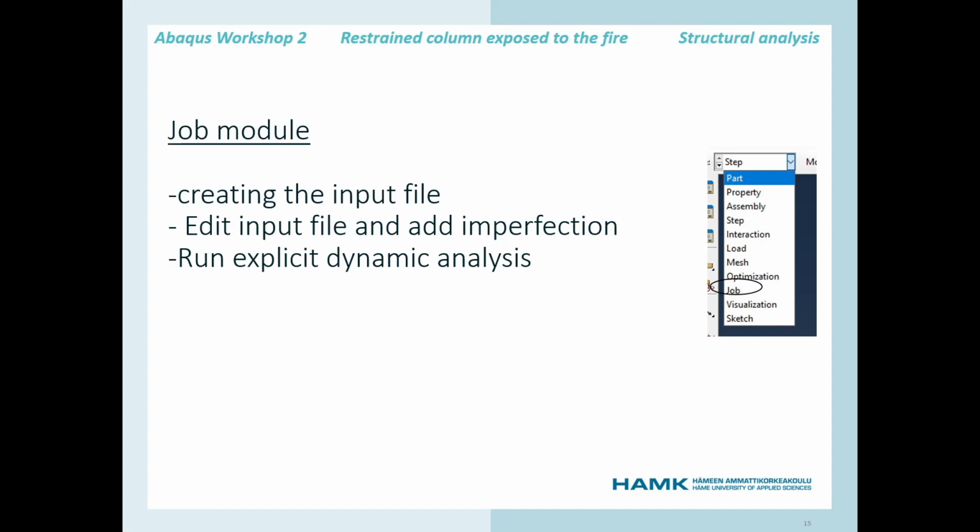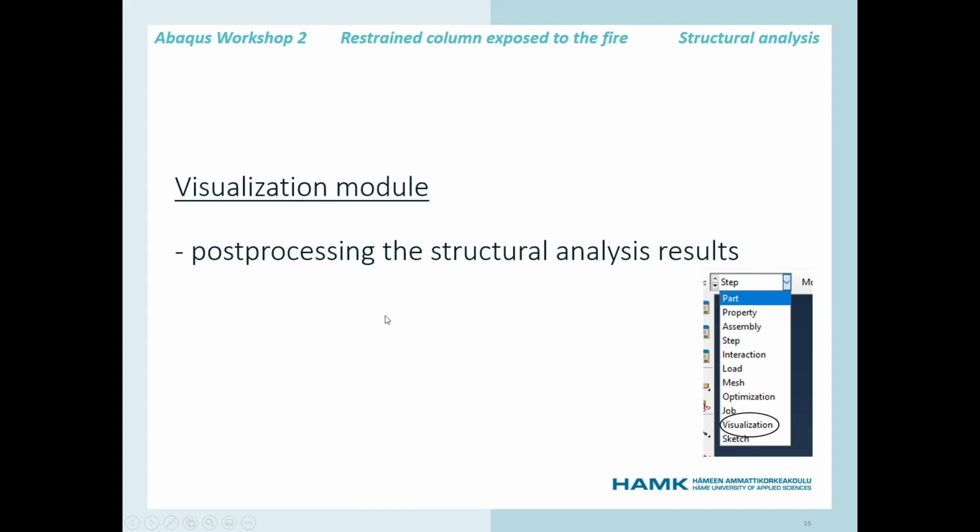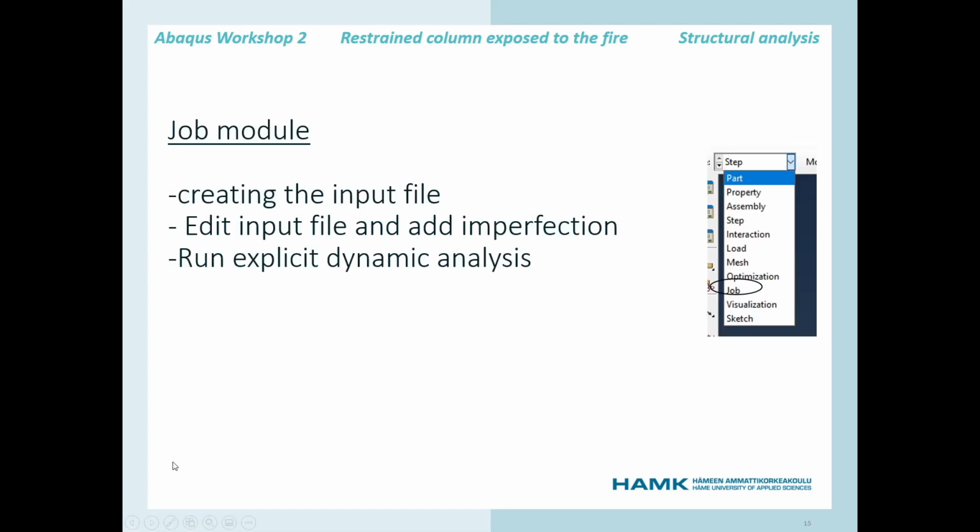To add the imperfections, we need to have this buckling analysis before, and then we link the result from the buckling analysis to the dynamic analysis. Okay, and then we will visualize the process.